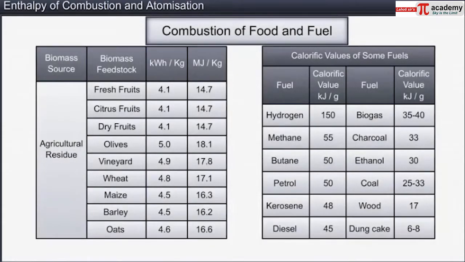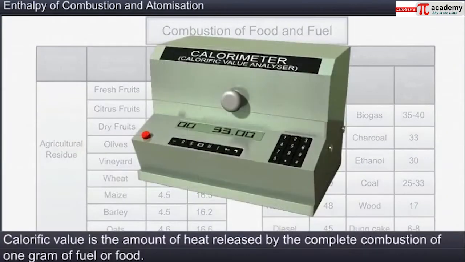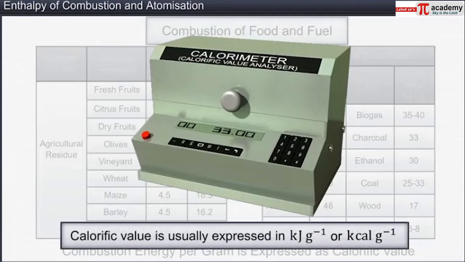The energy released by the combustion of food or fuel is usually compared in terms of their combustion energy per gram, which is known as calorific value. Calorific value of food or fuel is defined as the amount of heat released by the complete combustion of 1 gram of fuel or food. Calorific value is usually expressed in kilojoules per gram or kilocalorie per gram.